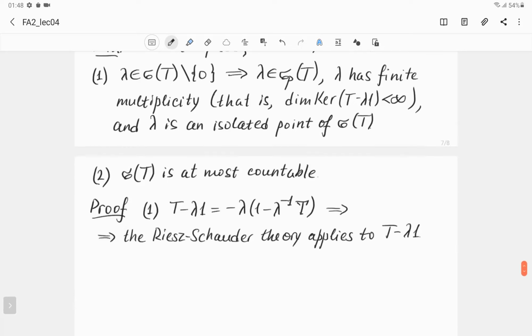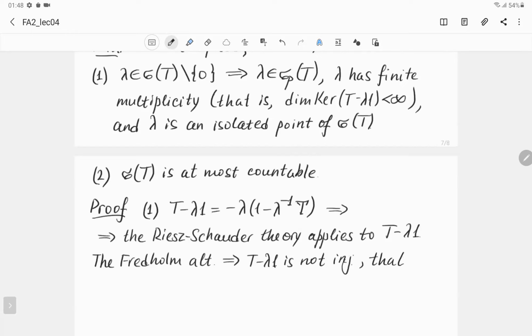Let's now observe that this implies that lambda is an eigenvalue. Well, indeed, this operator is not invertible because lambda is in the spectrum. So the Fredholm alternative implies that this operator is not injective. That is, lambda is indeed in the point spectrum.